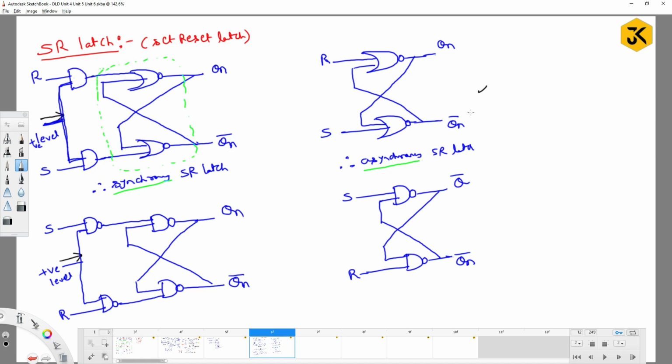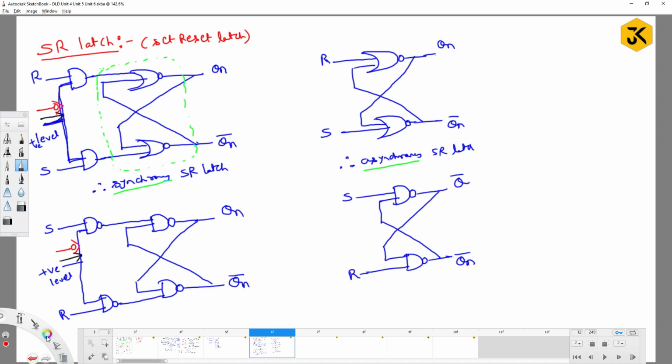We are directly giving the inputs. For example, can I give the input like this? I can give the input like this also. But what is the biggest point? This SR flip-flop is going to work under negative edge triggering. I can define it like this also.